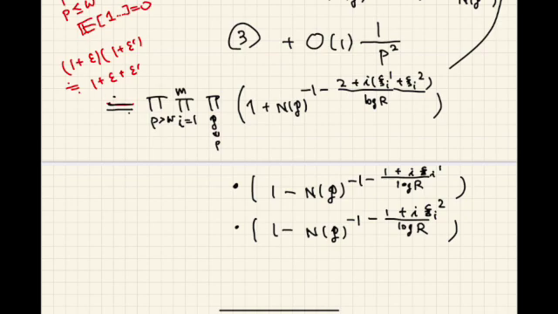And now I also use the fact that 1 plus epsilon is almost equal to 1 minus epsilon inverse to rewrite the first term here, so this becomes minus and this becomes inverse. And then these factors look like the zeta function.